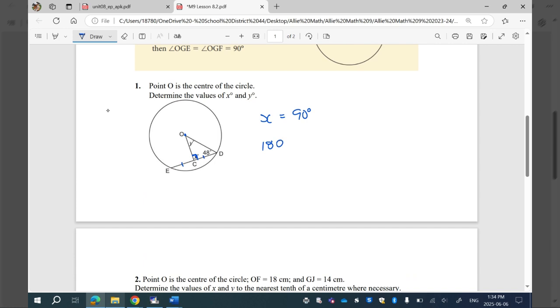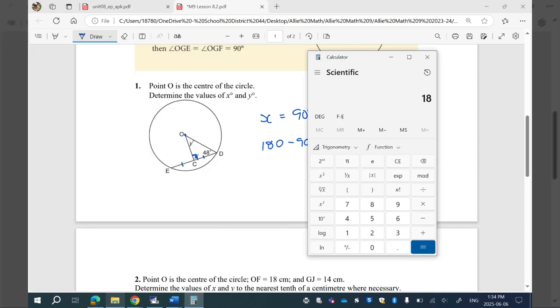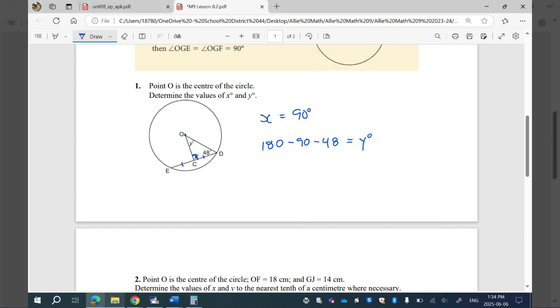So we have 180 minus the 90 we just found, minus the 48, and that's going to equal our y. I'm pretty sure that's just 52, but let's do it in the calculator. 180 minus 90 minus 48 equals 42 degrees. Okay, I'm wrong. There we go, y equals 42 degrees.